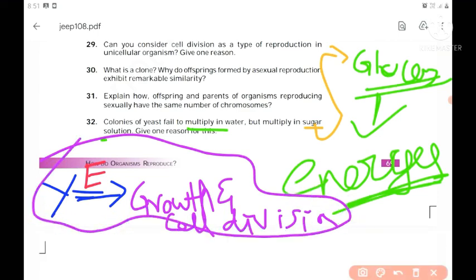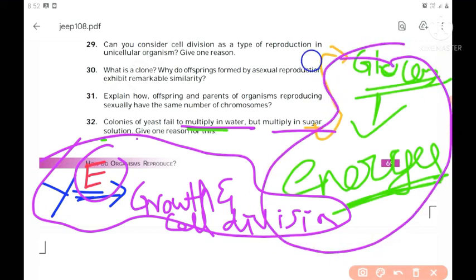How is it so related? Now it needs energy. Okay. But what is the question saying? It failed to multiply in water, but successfully gets multiplied in sugar solution, right? See, as glucose is giving energy, obviously it can successfully divide its cells, right? In sugar solution. Simple.